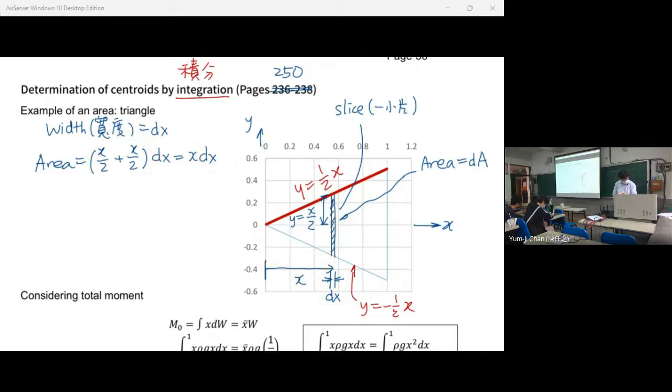And let's say that density is rho. Let's say it is in kilogram per meter cube. Kilogram per meter square, sorry.